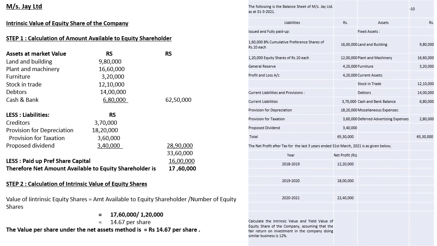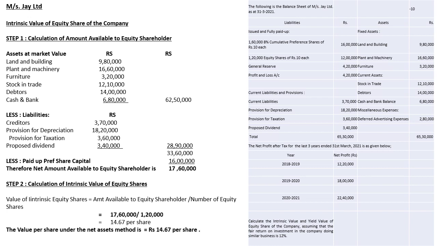We take only the external liabilities, that is creditors, provision for depreciation, provision for taxation, and proposed dividend. When you add all these 4 liabilities, you get a total of 28 lakhs 90,000. So 62 lakhs 50,000 minus 28 lakhs 90,000, you get the answer 33 lakhs 60,000.